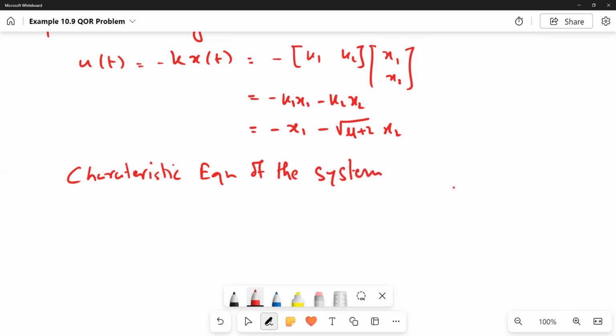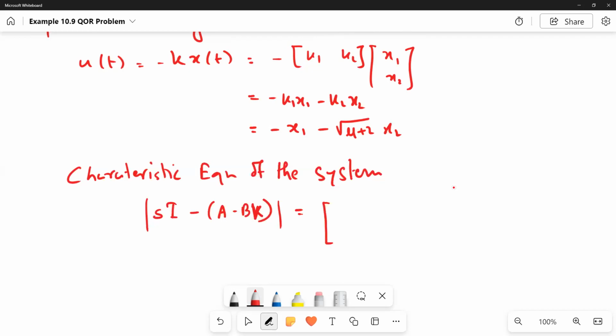We know that our characteristic equation is given by the determinant of sI minus A minus BK. So you have to find the determinant of this. That will give us the characteristic equation of the system. We want to check whether the system is stable or not. So how can we do that? Just figure out all the values.